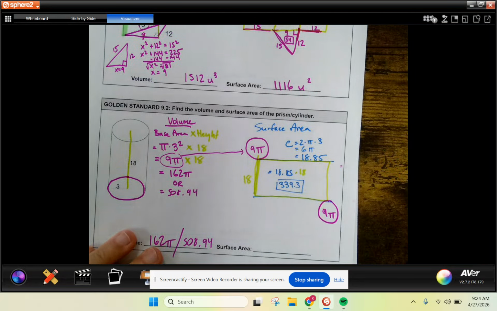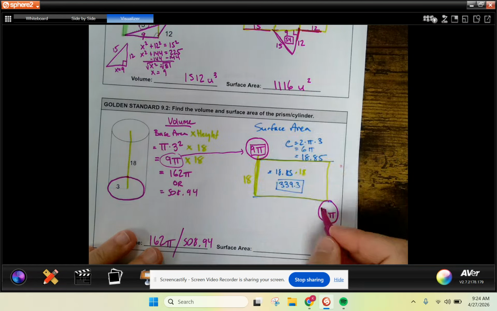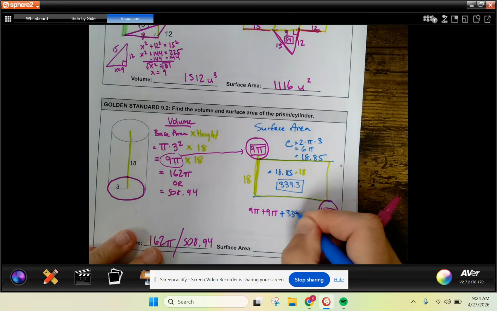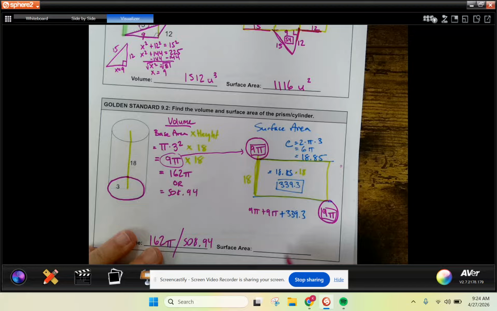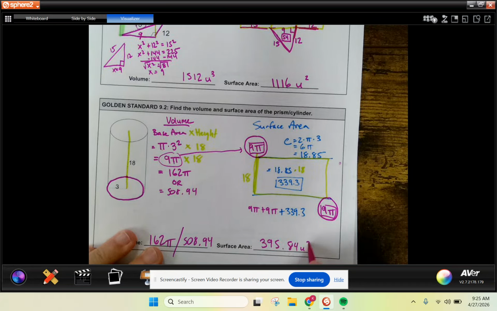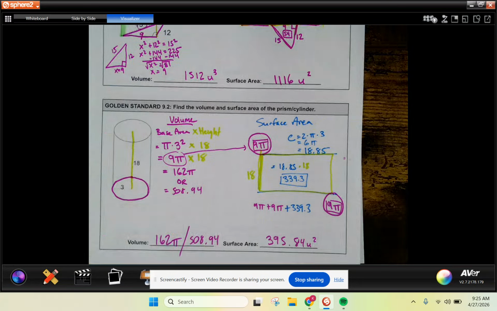So to get my total area, I add up 9 pi plus 9 pi plus 339.3 to get a total of 395.84 square units. All right, go try the backside to prepare for your golden standard retake. Good luck.